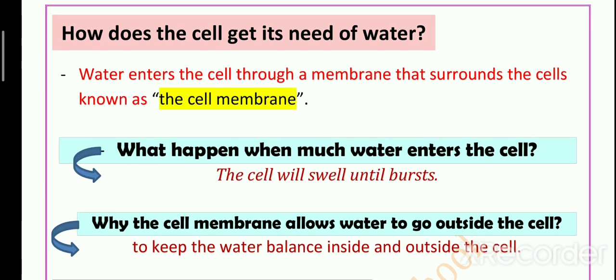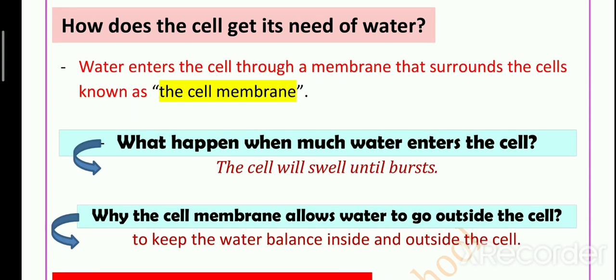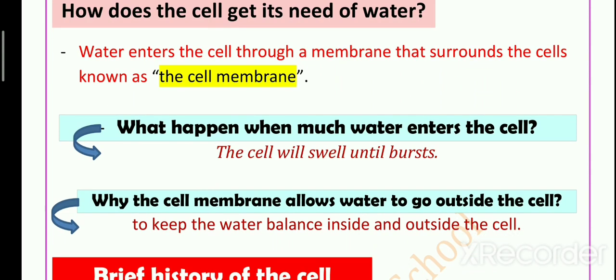Okay. Who remembers the structure in the cell that allows substances to enter or leave the cell, or controls substances entering the cell or leaving the cell? Right, who says it's the cell membrane? Excellent. Cell membrane. So can water enter the cell through the cell membrane?